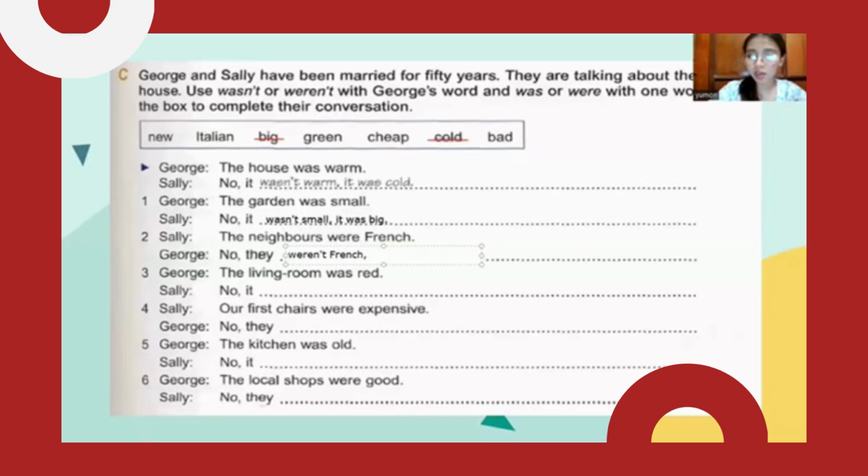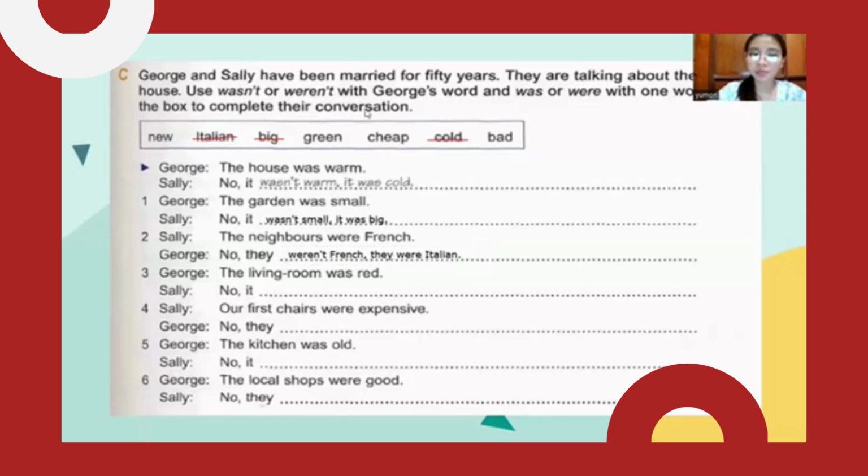So if they weren't French, who were they? Okay, find the word in the box. Italian. Yes, they were Italians. So, no, they weren't French, comma. They were Italians. Yes.